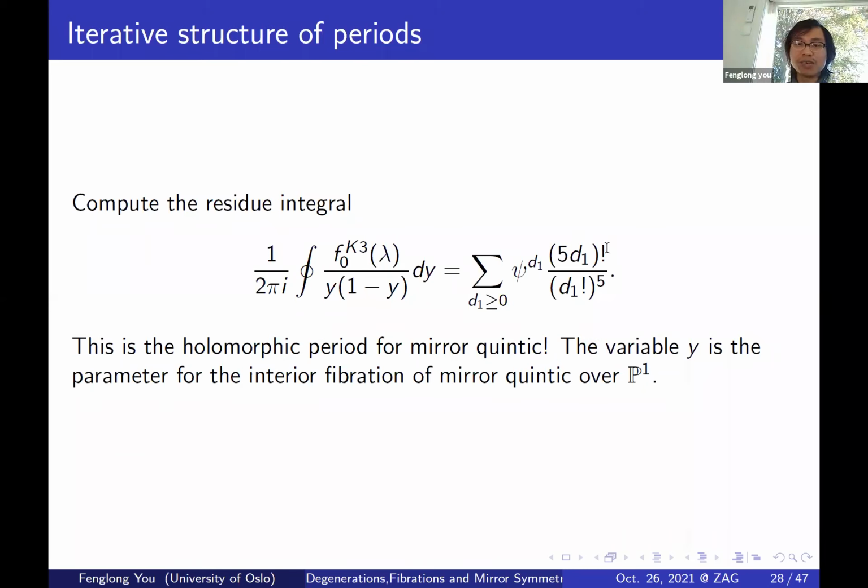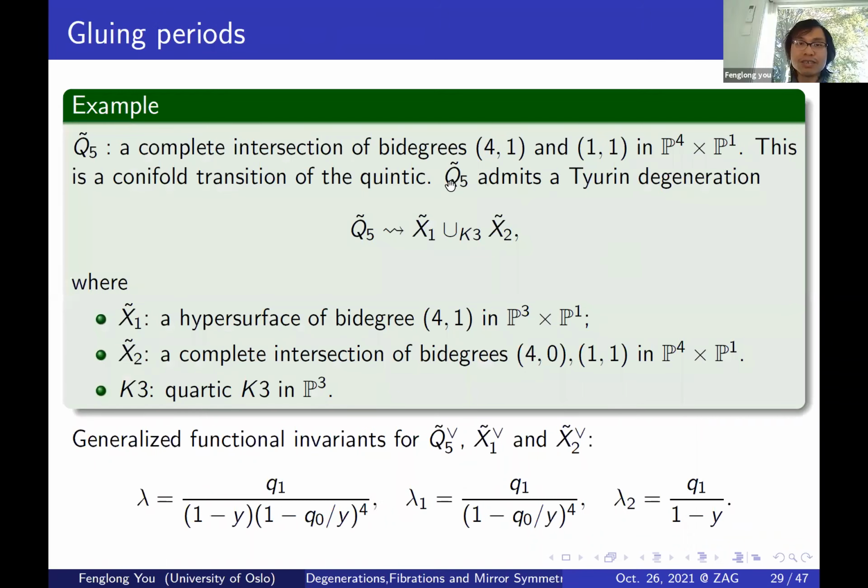And what we want to talk about is the gluing. So if we have a degeneration, how do we relate relative periods with these absolute periods? There is an example.